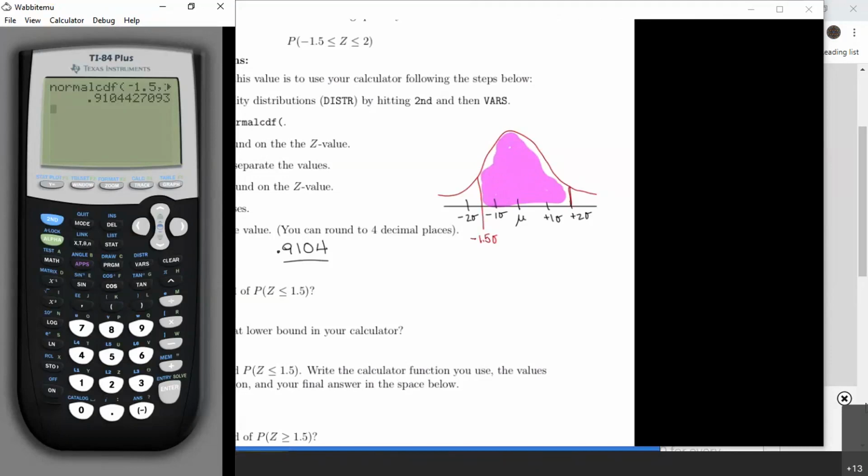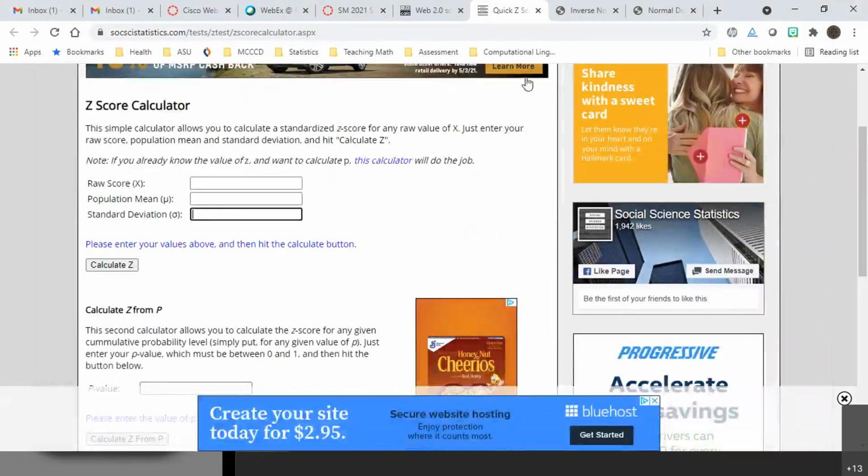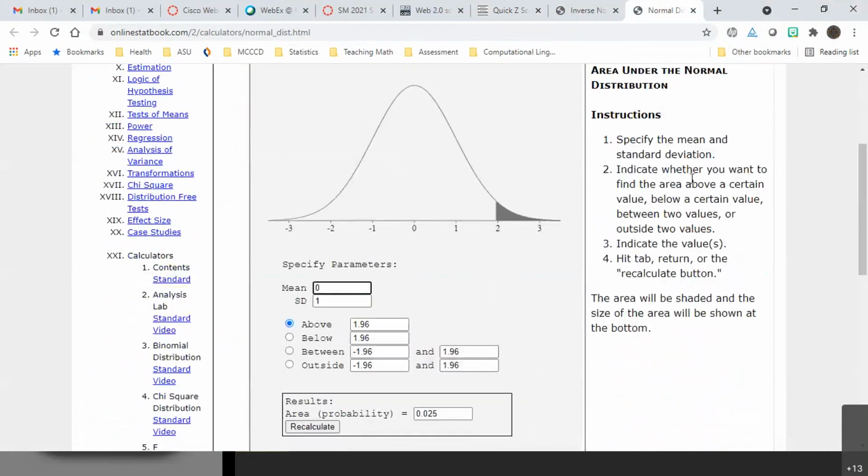Now, normal CDF will do that for you. If you take a look at the online normal calculator that I built into the course, you can see the same thing. Here's the normal distribution calculator, and it's one of the links in week 13. I'm going to leave a mean of 0 and a standard deviation of 1. I'm interested in scores between -1.5 and +2.